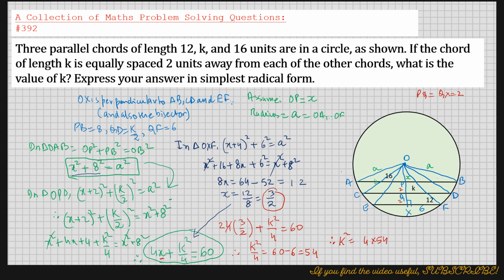I don't multiply it straight away, because I have to express it in simple radical form. Therefore k is the square root of 4 times 54, that is 2 outside the root multiplied by the root of 9 times 6, which is 54. So 9 outside gives 3, and then root 6, and that is 6 root 6. So I get the value of k equals 6 root 6.